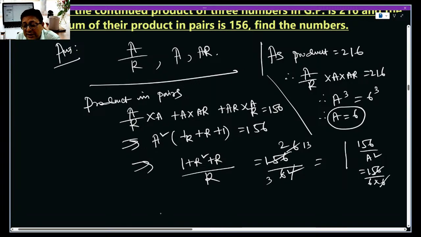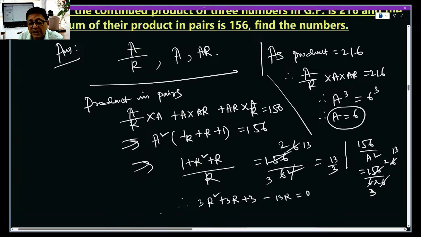So if you cancel with 6, 36, and then by 2, 3 and 13. So here you got 13 by 3. Therefore, 3R square minus 13R equal to 0. Clear?